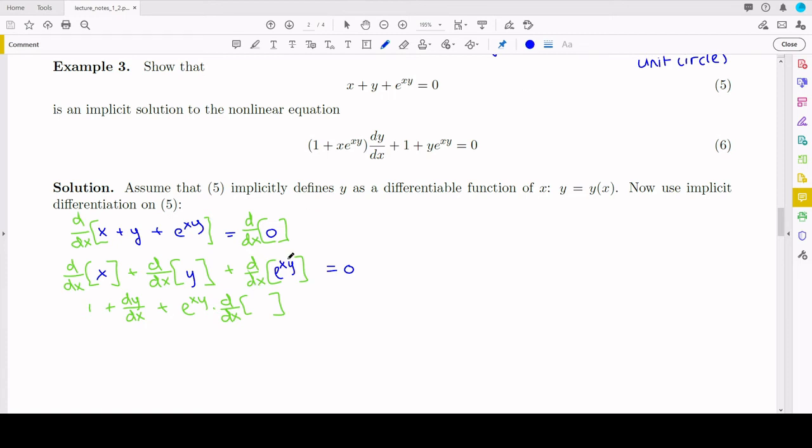And what's inside, that's the xy. And so that equals 0. So in this step, to go from here to here, we use the chain rule.